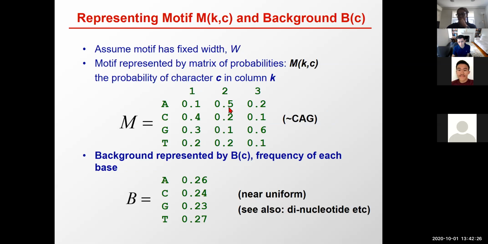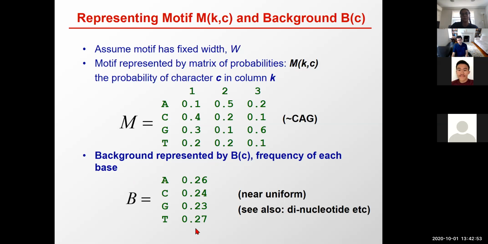This is the most likely sequence to be generated by this. So the motif is represented by a matrix of probabilities, a matrix which at every position K gives me the probability of a character C in column K, okay? So there's that matrix. And the background is represented by simply a single column of probabilities for each nucleotide.